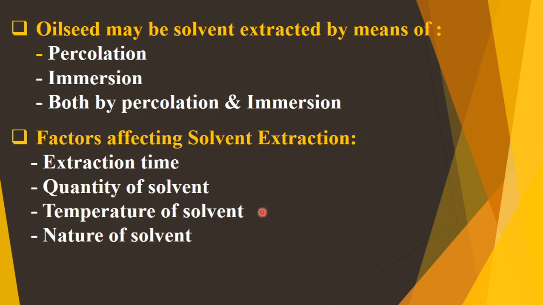Then nature of solvent. For example, we can use hexane, benzene, trichloroethylene and carbon disulfide. These are the chemicals or solvents we can use as a solvent. So these factors vary with the solvent type.